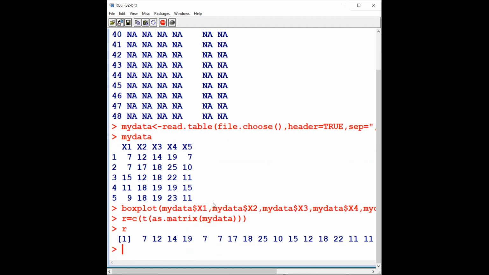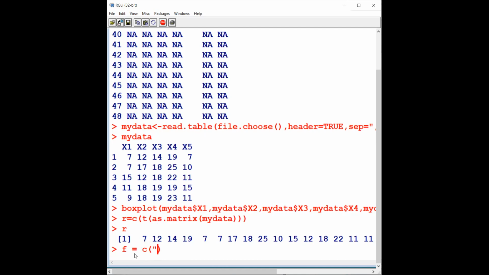And now I have to label each and every observation. The first one, 7, is coming from the first treatment. Likewise. So I'll take, let's say, F. F is just a character vector to give the treatment names.